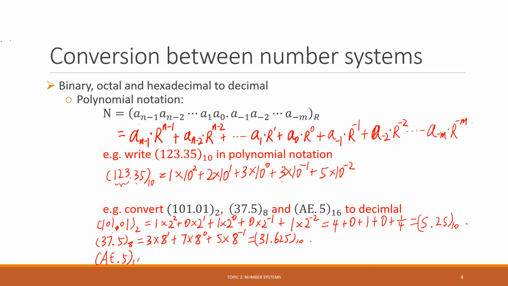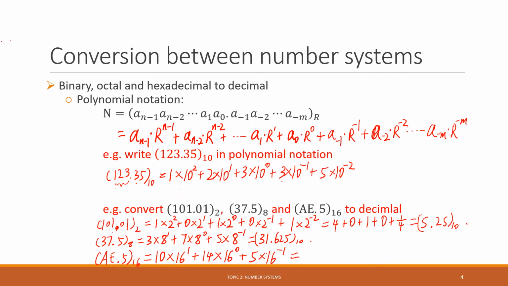Okay, now the last one, AE.5 in hex. Again, in a similar way, we write A, which is actually equal to 10. So we write 10 multiplied by the radix 16 to the power of 1, because n equals 2 here, plus E, which is actually 14, multiplied by 16 to the power of 0, plus 5 by 16 to the power of negative 1.